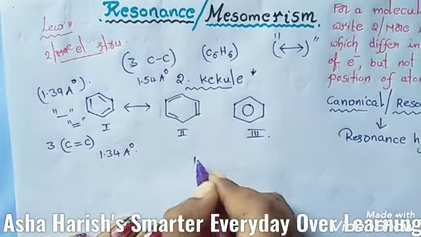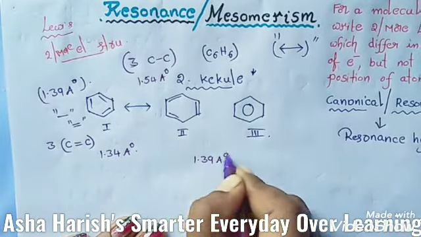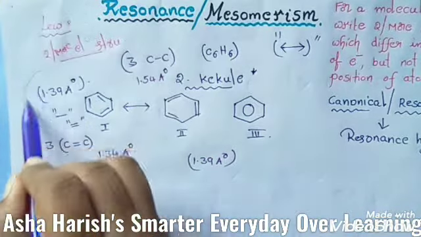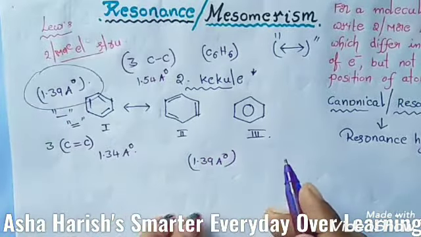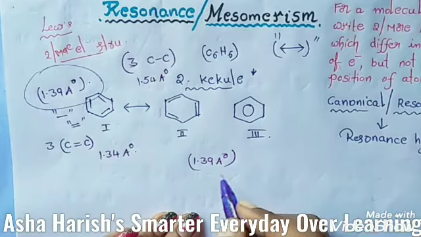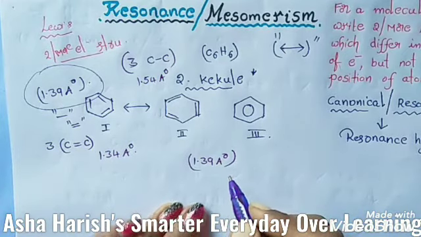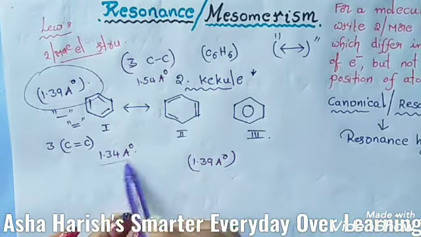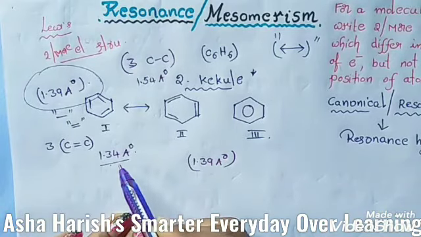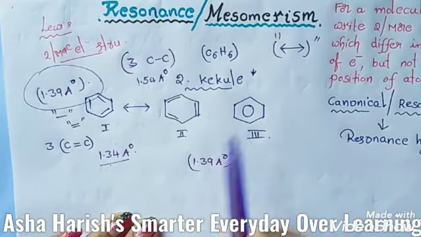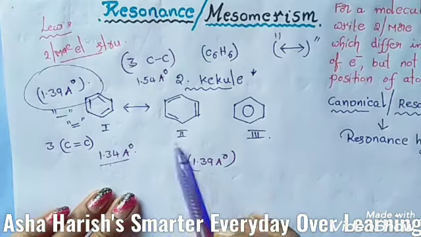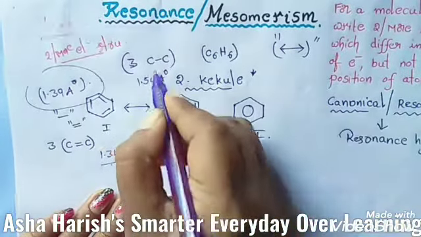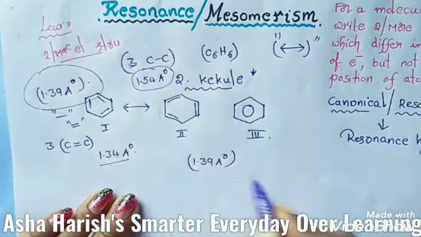That should be 1.39 angstroms, as I told you previously. It lies in between the carbon-carbon double bond length, which is 1.34 angstroms, and the carbon-carbon single bond length, which is 1.54 angstroms.